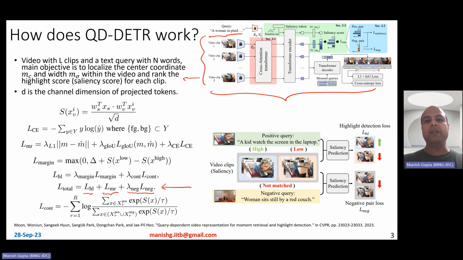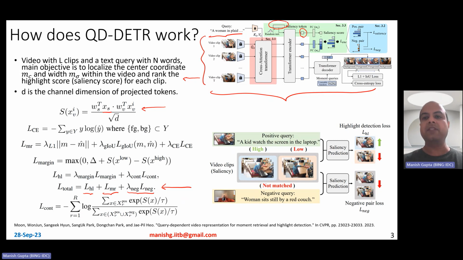Okay? And before we look at those components, let me talk about how you compute saliency of a particular clip, right? The way the saliency is computed is as follows. You have the saliency token, which is randomly initialized, passed to the transformer encoder. And at the end of it, what you have is this representation of the saliency token. Let's call this representation XS, right?